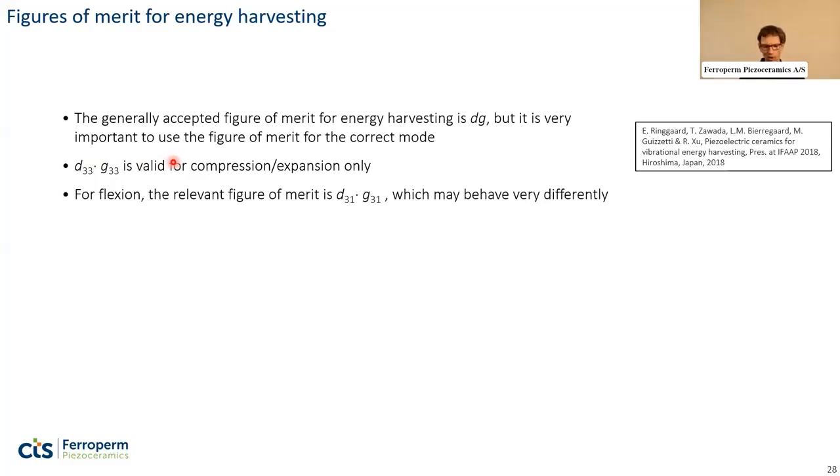If it's a bender, like I showed before, a bimorph or a flexion energy harvesting device, you should actually use d31 and g31, and you may not actually see an optimum for these two parameters for the same materials as when you look at the d33 and the g33.